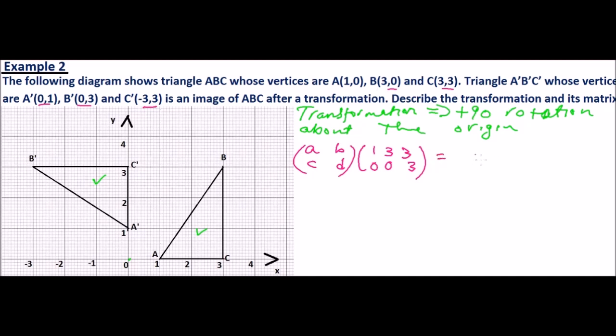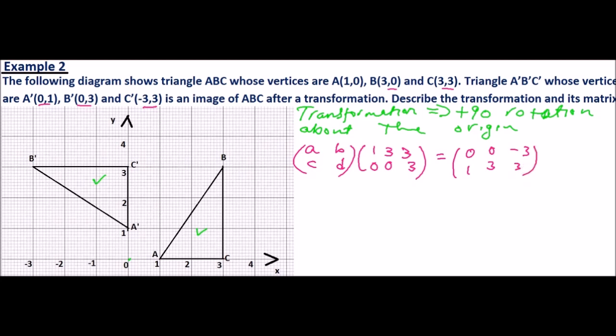It should be equal to the matrix formed from the image, and that will be 0, 1, then we have 0, 3, then we have minus 3, 3. So that is the matrix.